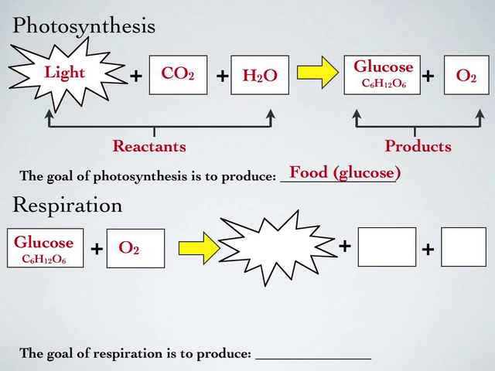And it produces 3 things. Samantha? ATP. What is ATP? Joe? Automatic toilet paper. What is ATP? Energy. It's the type of energy a cell can actually use. It also produces water and carbon dioxide as waste products.